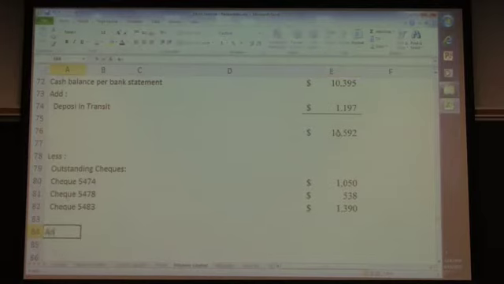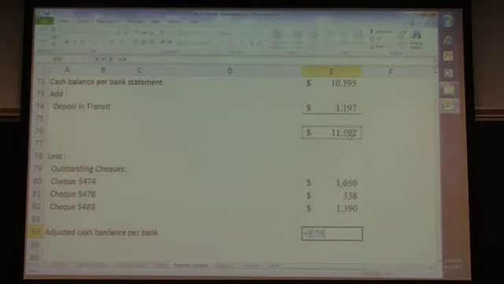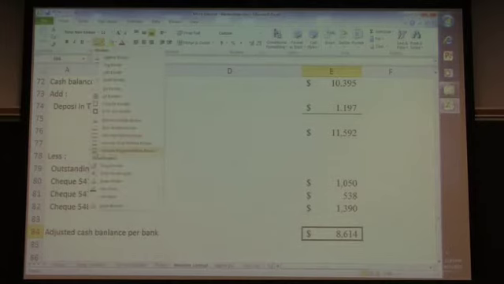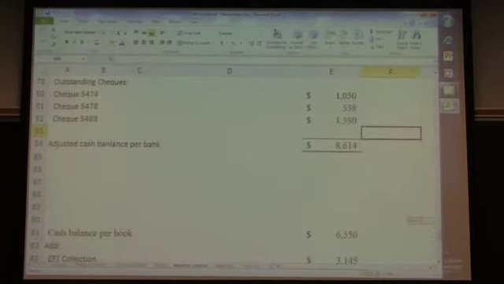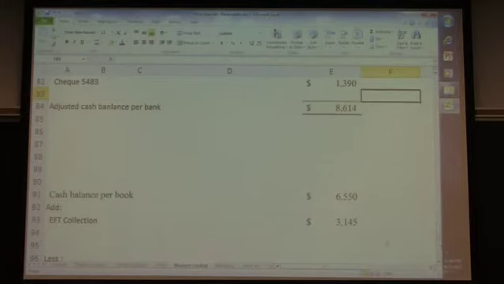So the adjusted, so we have a total of $86.14. So this is the amount that we should be recording in our book as well. Let's see if we can get the same thing on this side here.